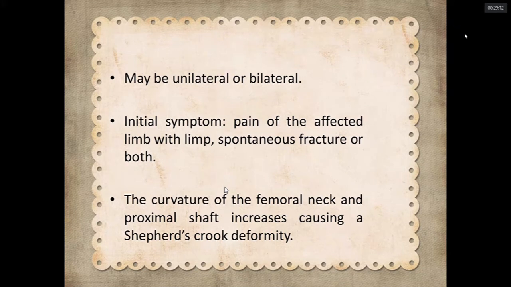Okay, so polystotic form might be unilateral or bilateral. Initial symptom could be pain of the affected limb with limp, spontaneous fracture, or both. And the curvature of the femoral neck and the proximal shaft increases, causing a Shepherd's crook deformity.